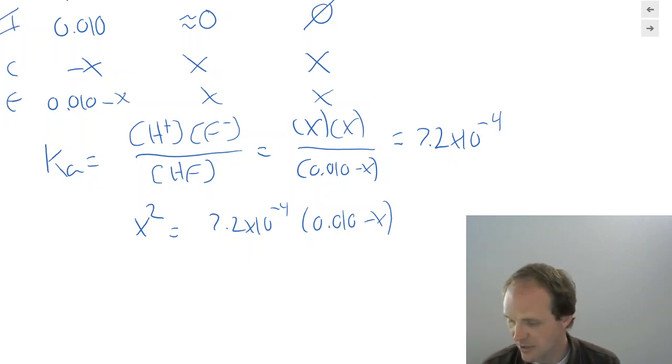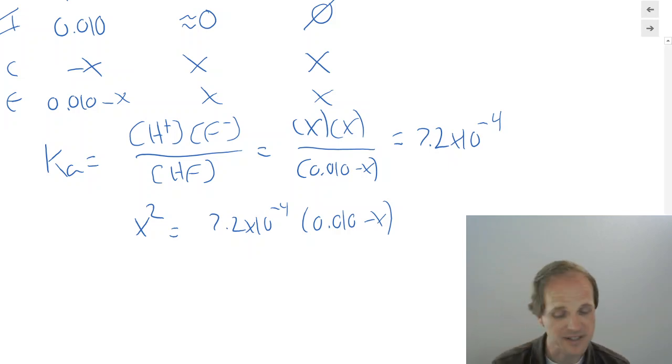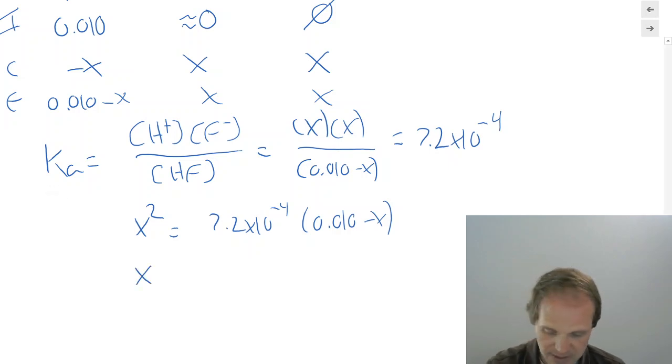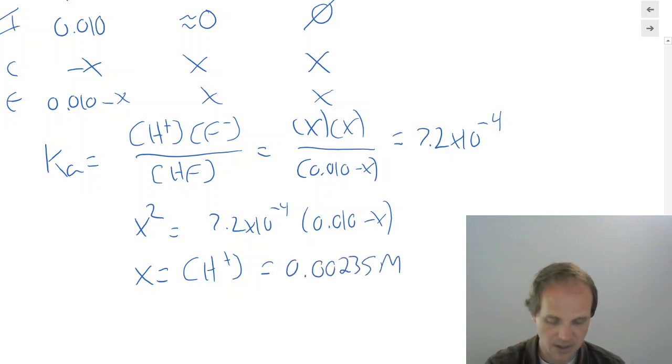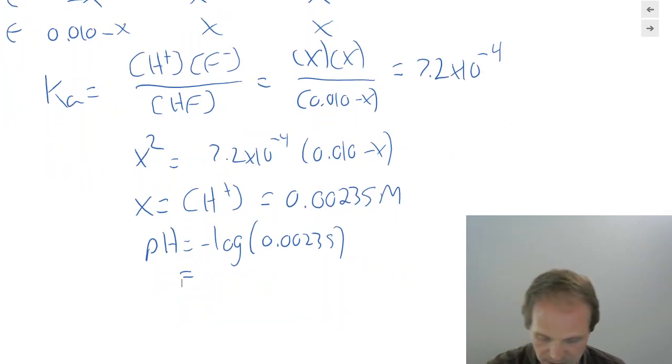I'm just going to tell you that we get 2 roots, one of them doesn't make sense because you end up with a negative value. But the root that does make sense is going to be our x, and it's going to be our H plus concentration, which is 0.00235 molar. Our pH is just going to be the negative log of 0.00235.